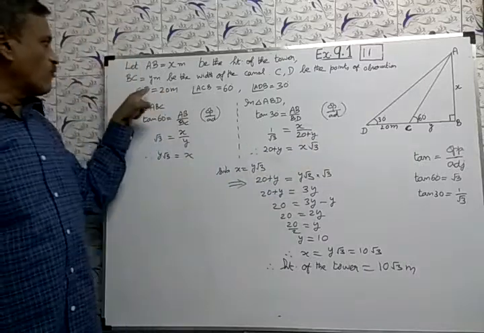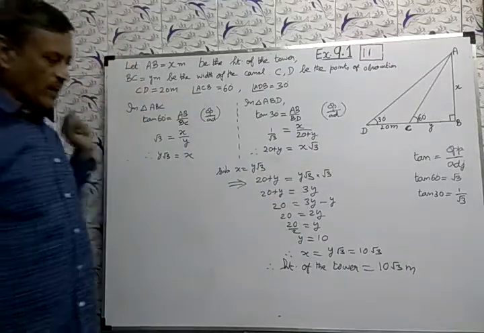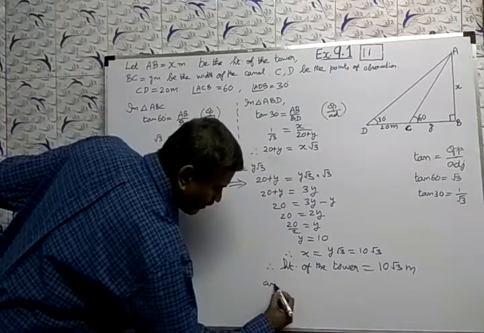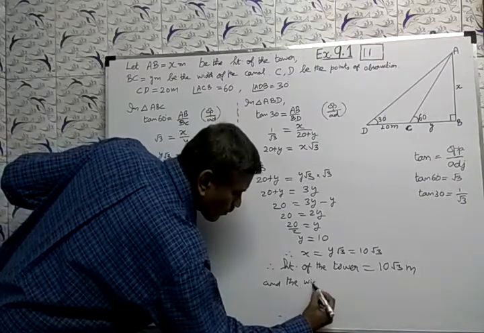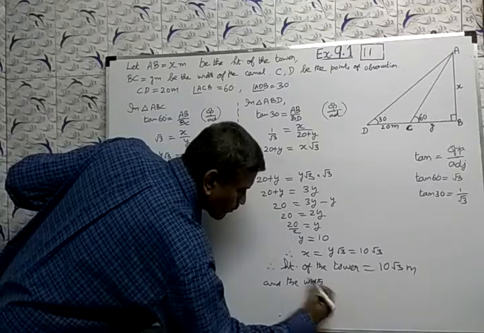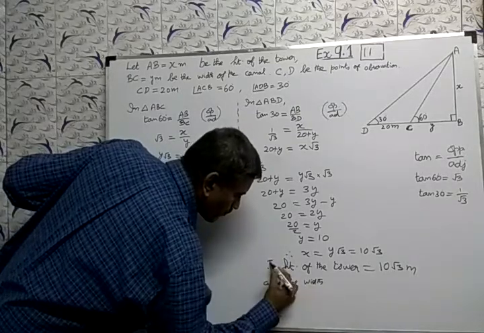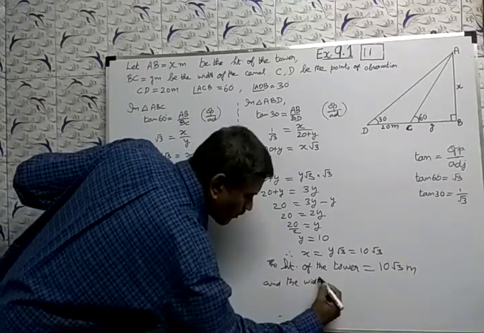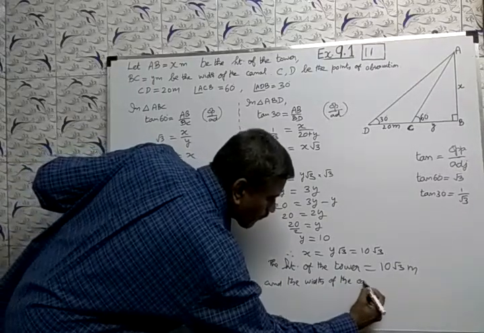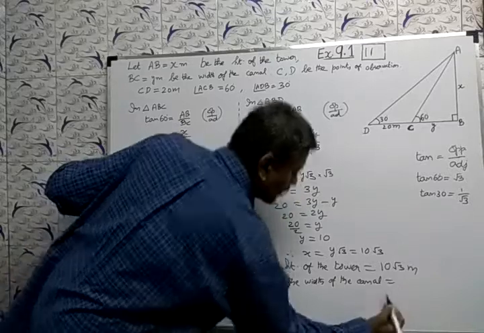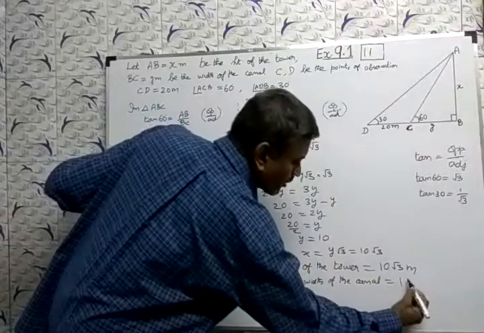Y is the width of the canal, so the width of the canal equals 10 meters.